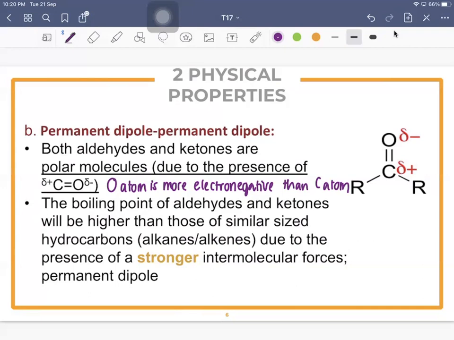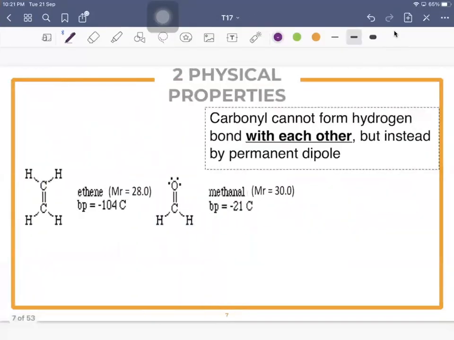So if you're comparing an aldehyde with, say, an alkane or an alkene that has the same number of electrons, yet a very different boiling point, for example, looking at methanal and ethene, the number of electrons in ethene is 16, and in methanal, there are 16. So they're not the same, but they're quite similar. So you shouldn't expect the boiling points to be very different.